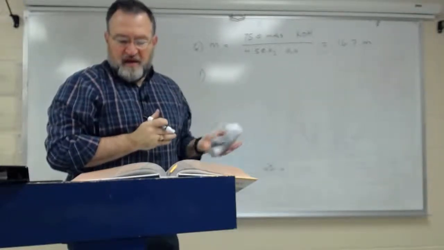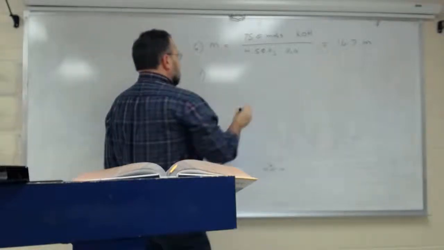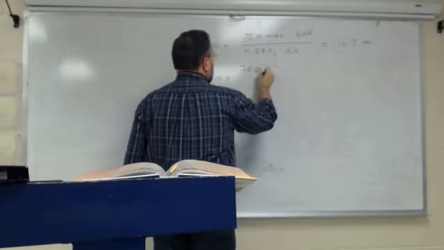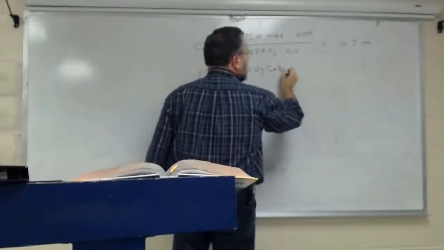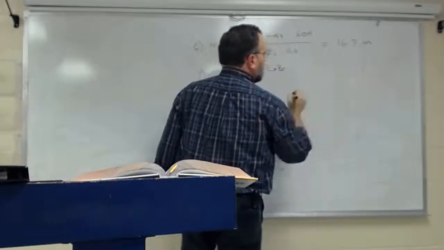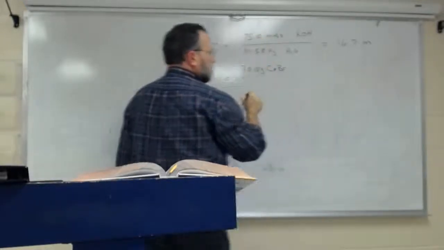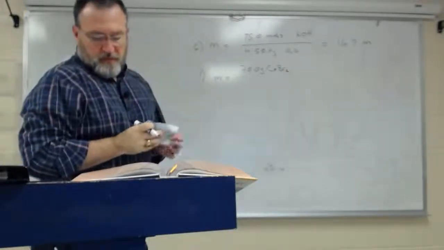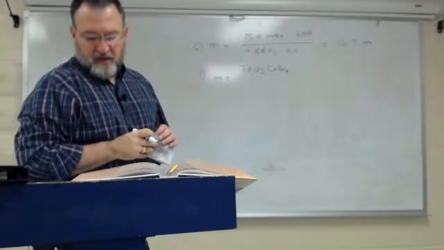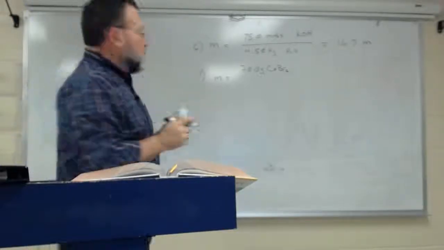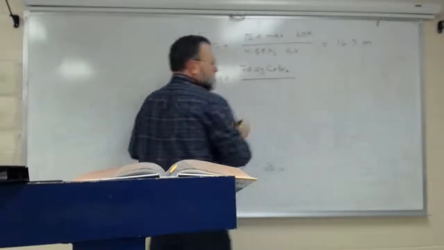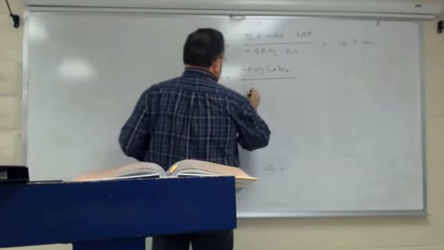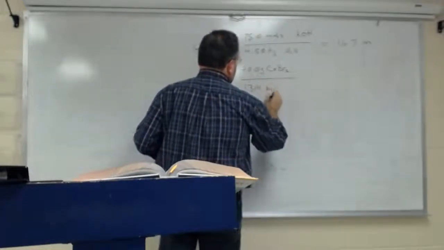If a solution is made by mixing 70 grams of calcium bromide with 1,314 grams of water, which becomes, we're going to put it in the right form, 1.314 kilograms of water.